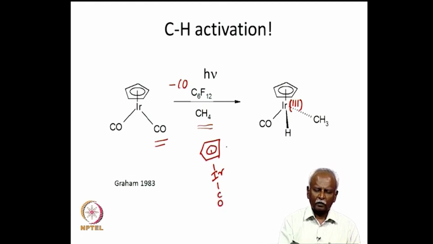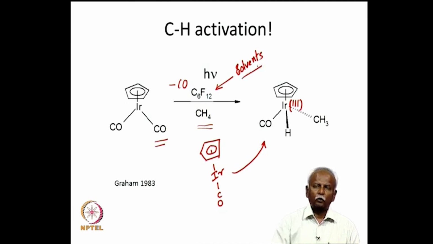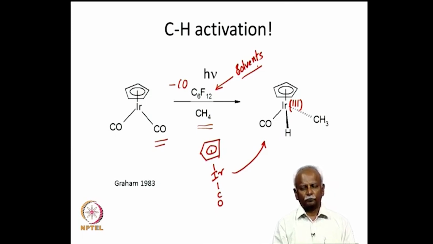Now, it is highly coordinatively unsaturated, and so it will take any molecule that it can react with. That is why you have to use C6F12 as a solvent. Other solvents where you have a CH bond would become too reactive, and they would react with the iridium(I) center. So, you have to use a non-reactive solvent, which is a perfluorinated hexane, cyclohexane.